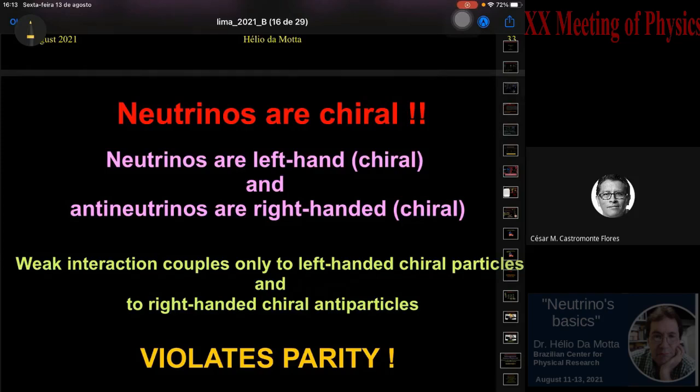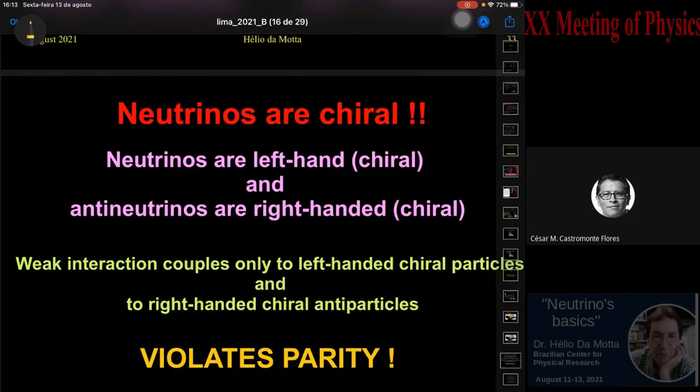If you have a right-handed electron, it does exist, no problem. But this right-handed electron will not interact through the weak interaction. So this is very strange, in fact. The weak interaction favors the left hand, and neutrinos only have left-handed neutrinos, so it's okay.